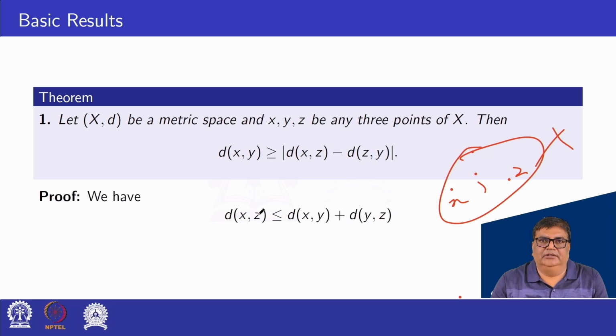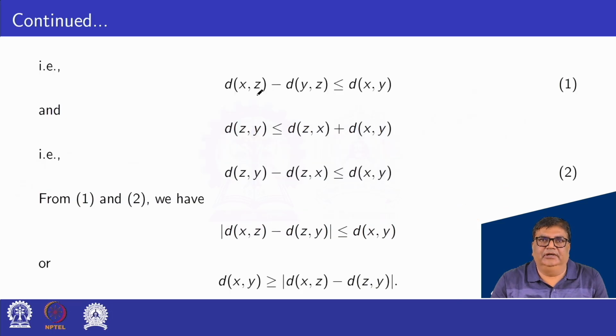Call this equation 1. And again, d(z,y) can be written as less than or equal to d(z,x) plus d(x,y). That is, d(z,y) minus d(z,x) is less than or equal to d(x,y). Call this equation 2.